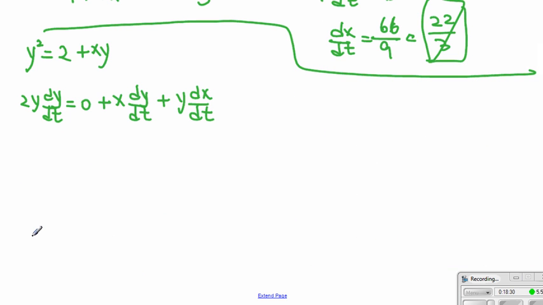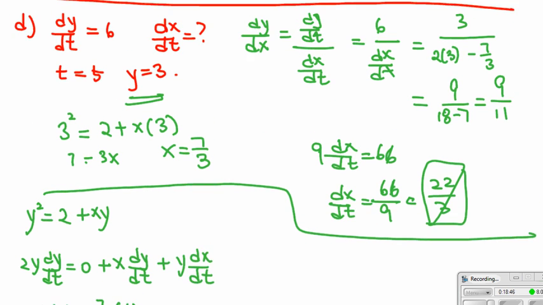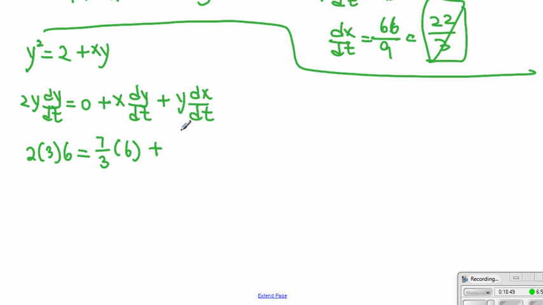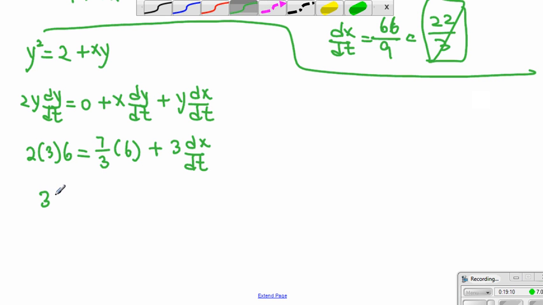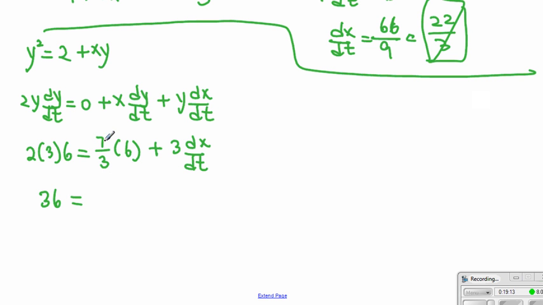Then we get to see that 2 times 3 and dy/dt was 6 is equal to x, which was 7 over 3, times dy/dt, which was 6, and then plus y value, which was 3, times dx/dt. Then this portion is 36 equals 14 plus 3 dx/dt.